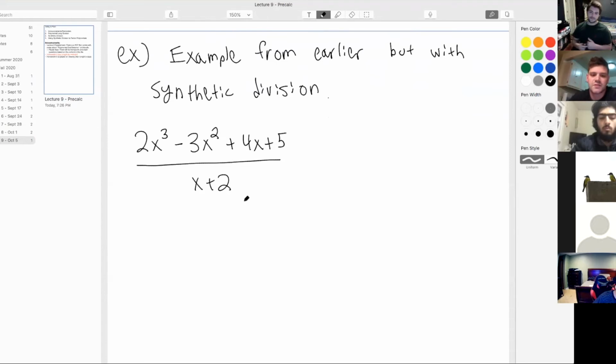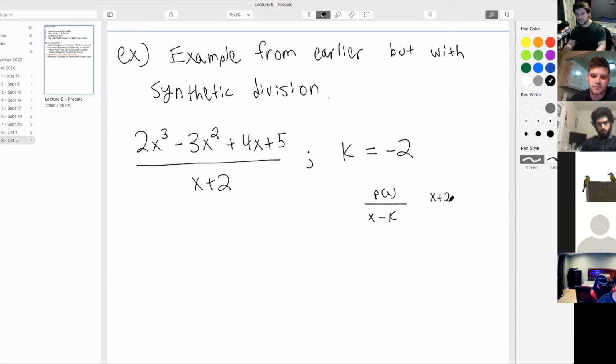Is it going to be x plus 2, or is it going to be x minus 2? So the question is this: we're dividing by x plus 2, but our k value will be negative 2. Can we do that for any case? Yeah, because remember we look at p of x over x minus k. So here I'm rewriting x plus 2 as x minus negative 2.